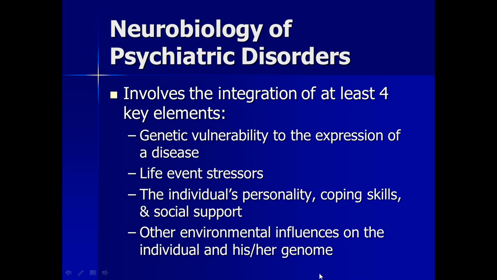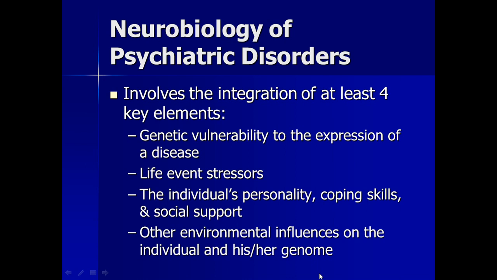But we now know what causes psych disorders. And as we go forward this semester, we'll be looking at each psychiatric disorder, and we will be discussing what is going wrong in the brain with this particular disorder. But essentially, we do not inherit the disease, but we might inherit the genetic vulnerability to the expression of the disease.